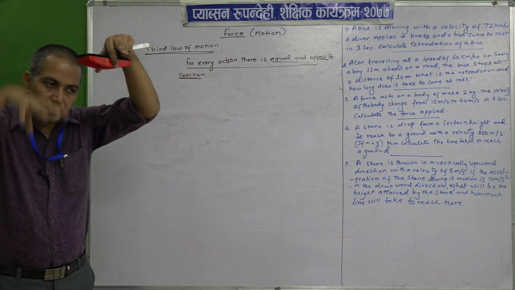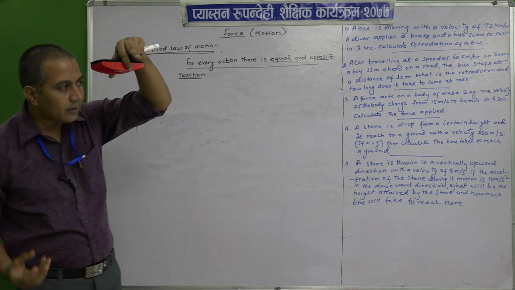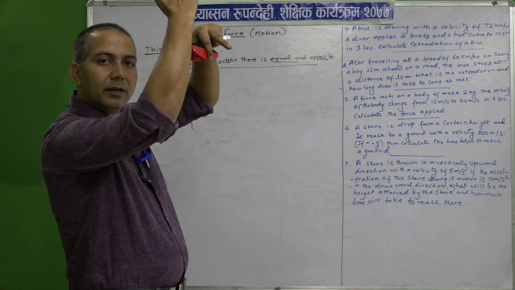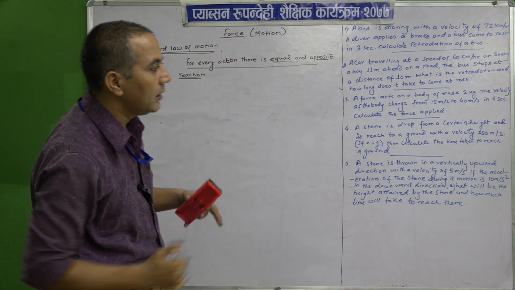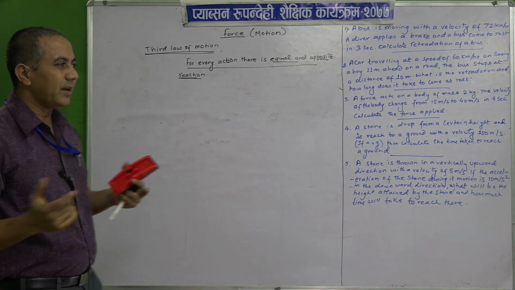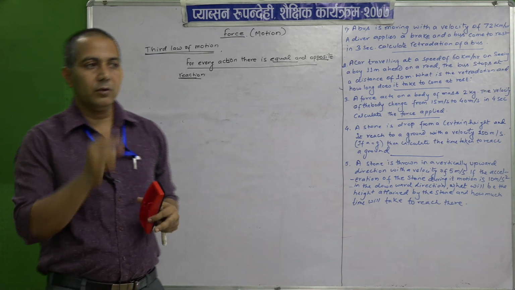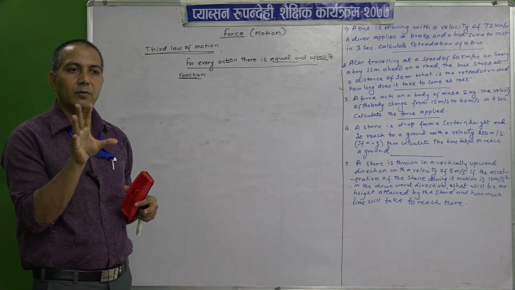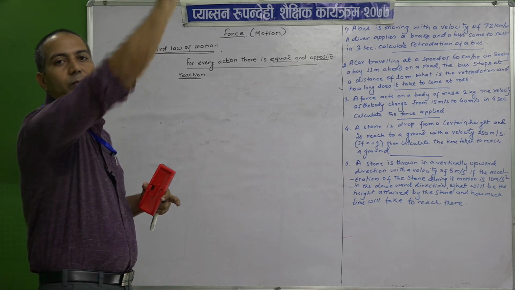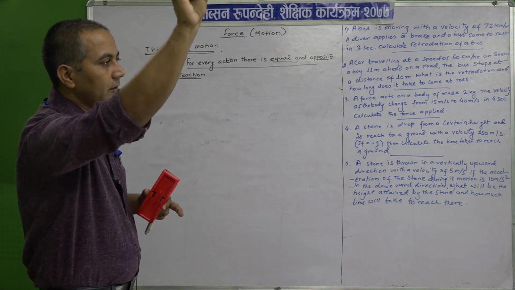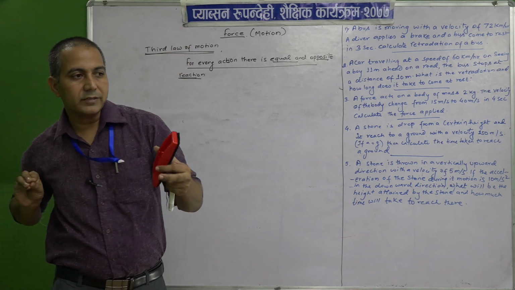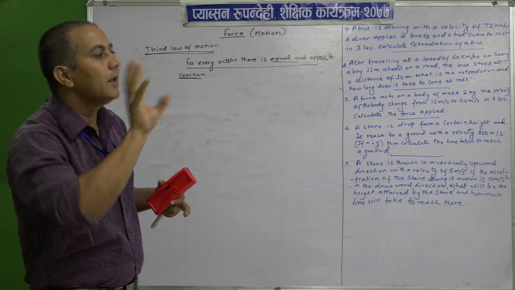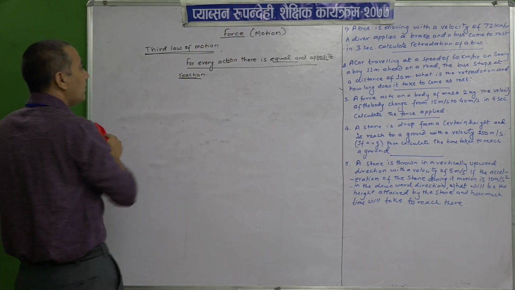The fuel burning towards the downside is the action, and the movement upward is the reaction. You can also take a balloon, fill it with air and release the mouth. It will move forward, because the air comes out one side and the balloon goes the other way. That is Newton's third law of motion.